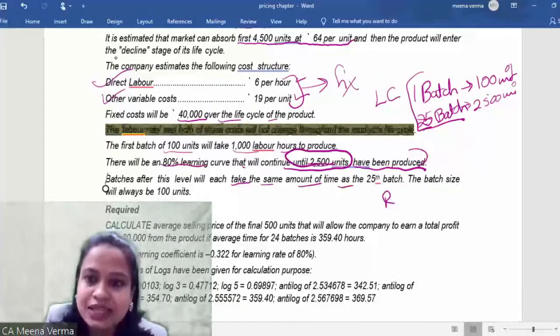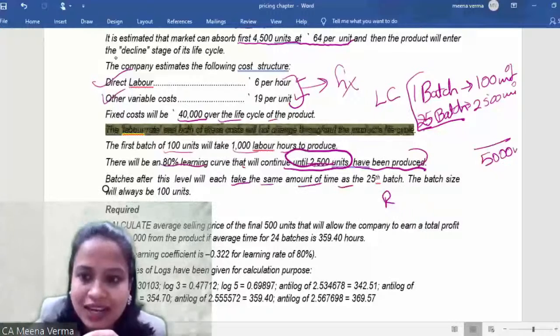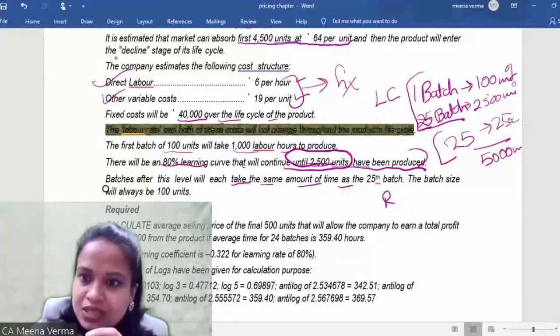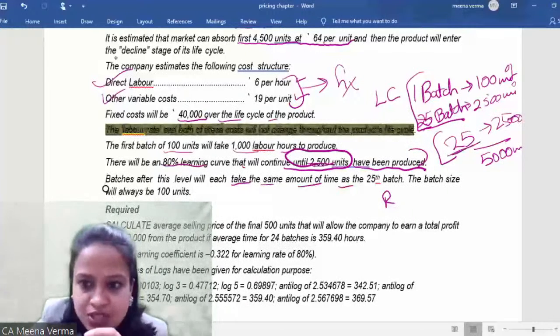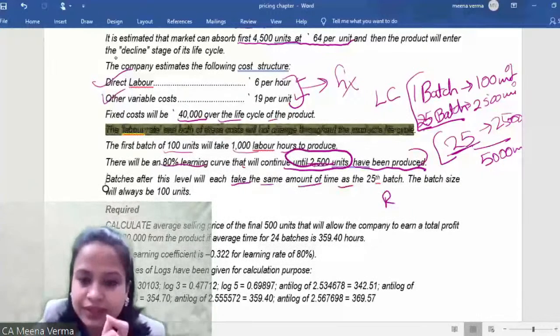Since we are producing 5,000 units during the entire life cycle, we have 25 remaining batches for the remaining 2,500 units, on which we are not applying the learning curve.